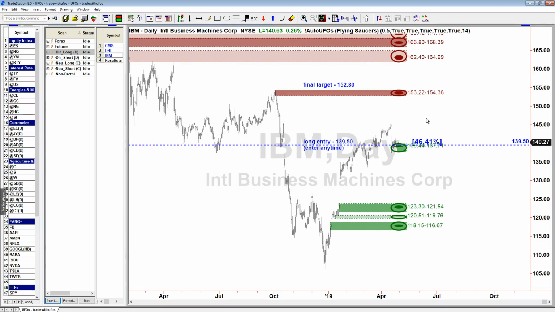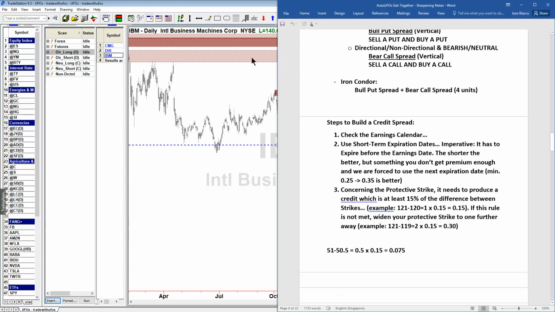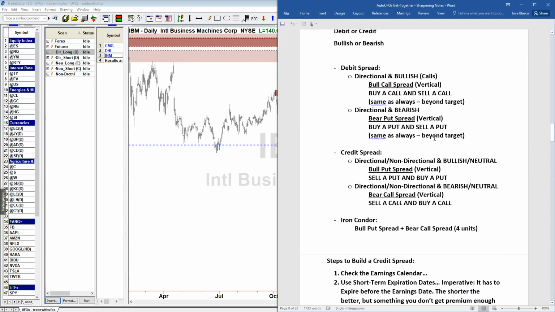But anyway, let's say the market is going to open in one minute from now, and let's say we're going to get into this trade. So, what are we going to do? Well, if you go back to our notes from the prior sessions, we're going to do a bull call spread.